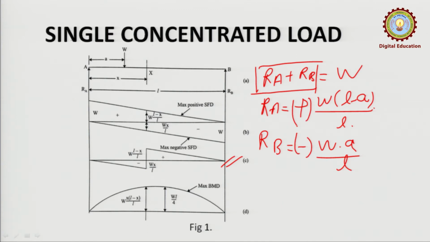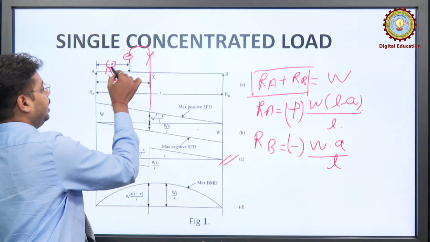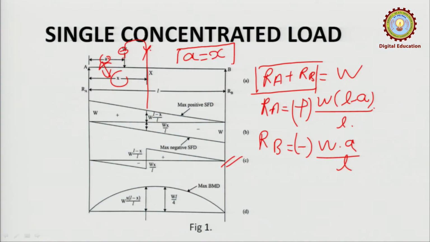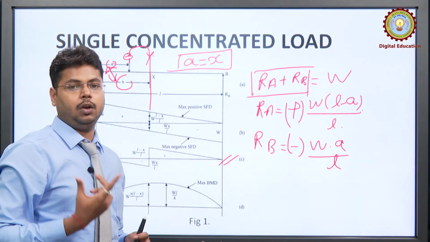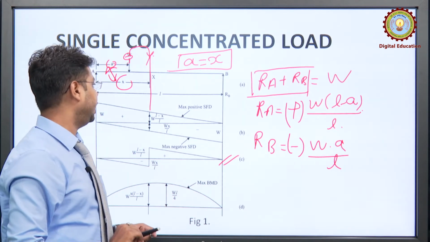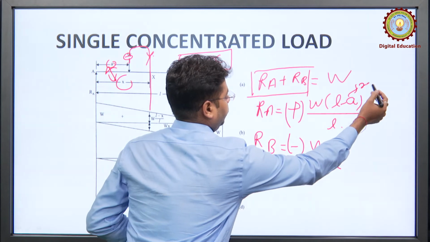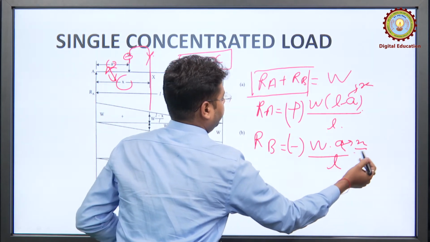Now we are taking a section here, which means the load is also shifting here. If the load W is shifting here, in that case A is equal to x. If we have A equal to x, then just put the value here, A equal to x. What will we get here?